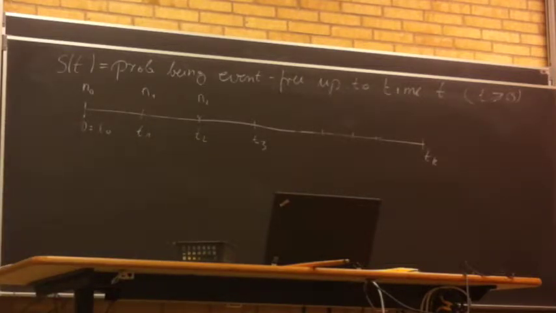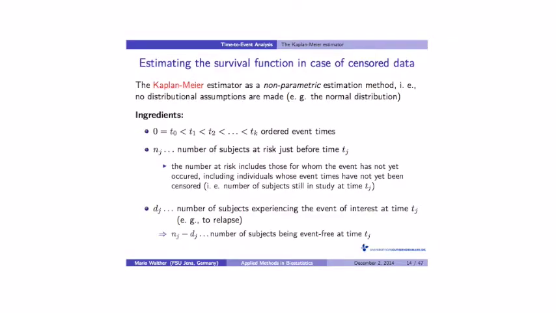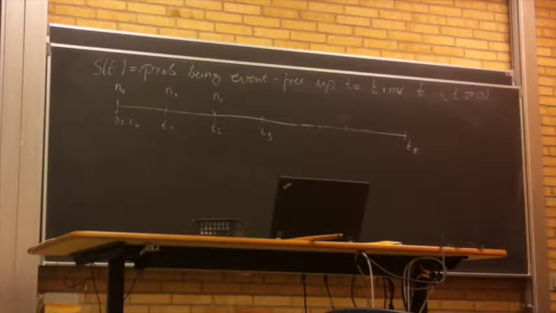Or loosely speaking, nj is the number of subjects still in the study just before or at time tj. These include patients who are censored or patients having an event of interest. And then you define the number of subjects experiencing the event of interest at time tj, which is denoted with dj.